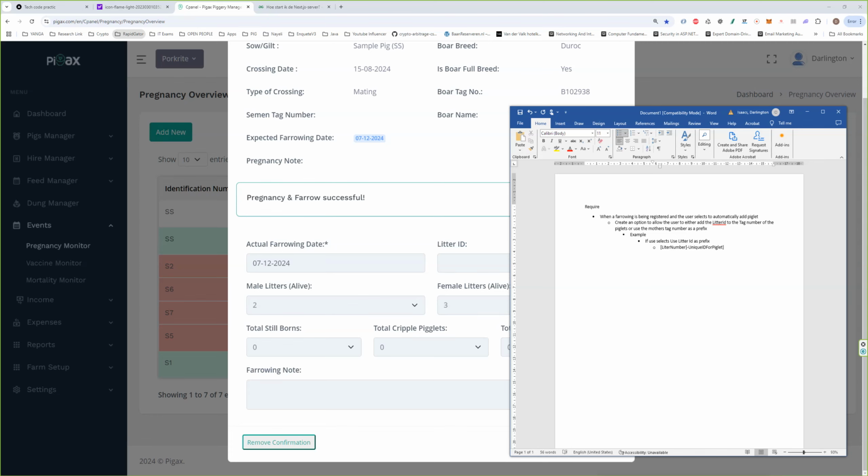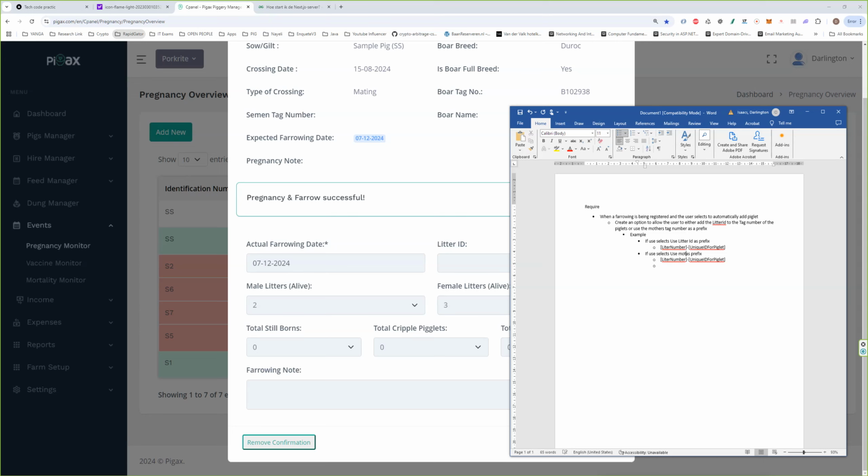Then this is also another example for if the user selects mother tag number as prefix.